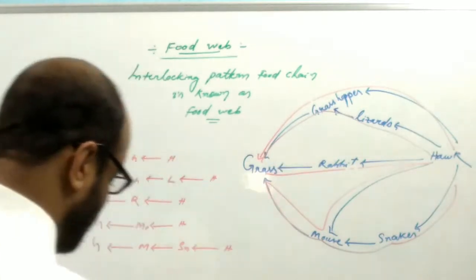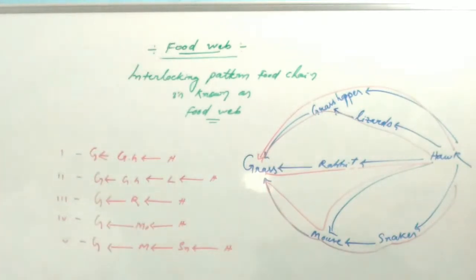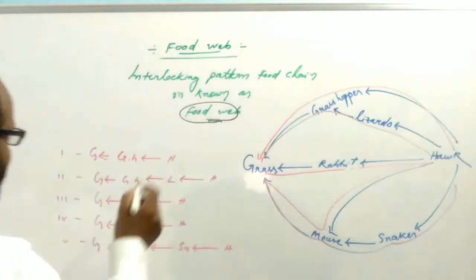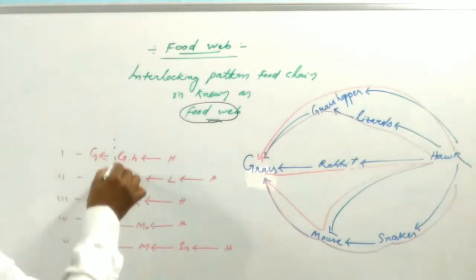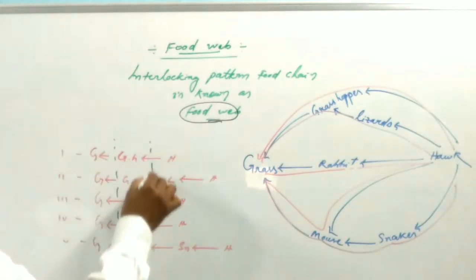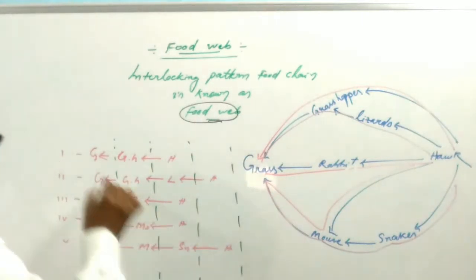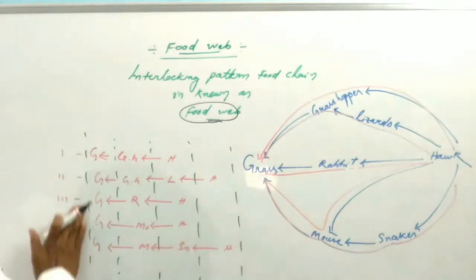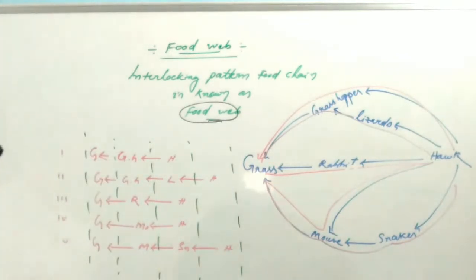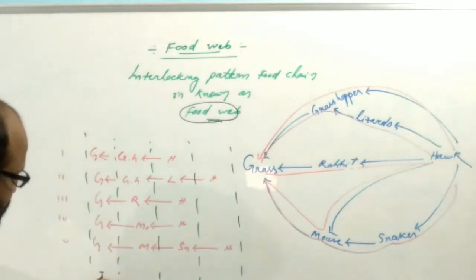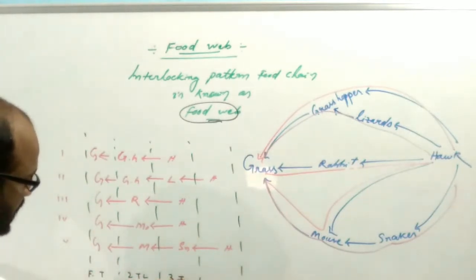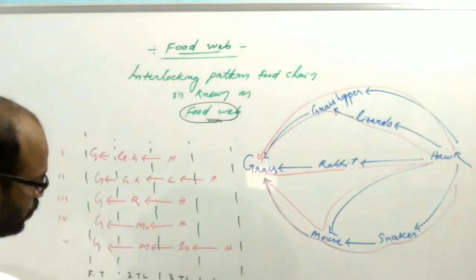Another important thing is that in the food web, the same members may take different parts in the trophic level. Suppose this is the first trophic level, this is the second, this is the third, this is the fourth.